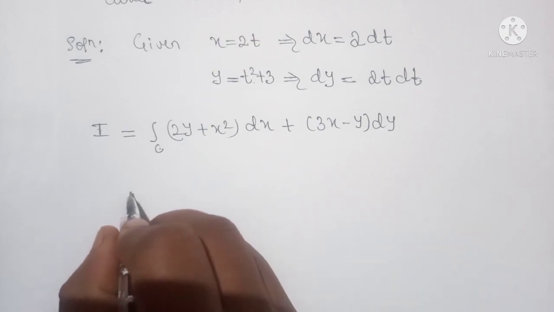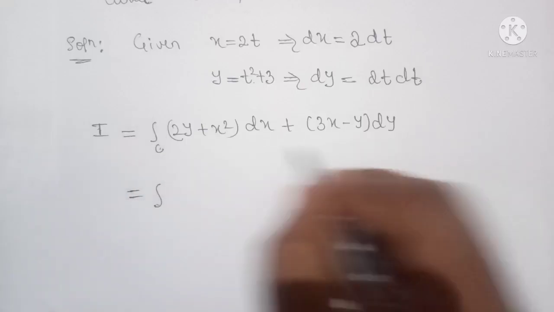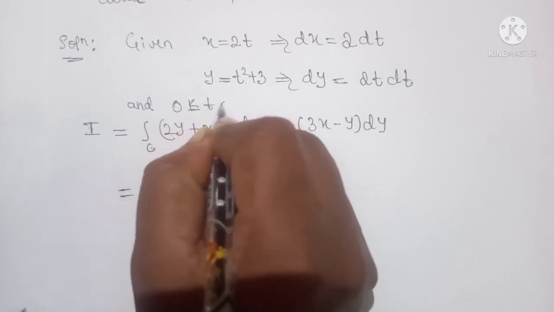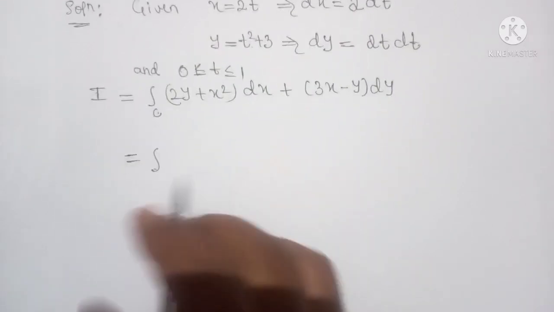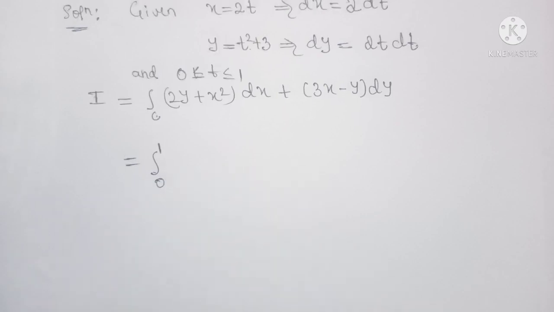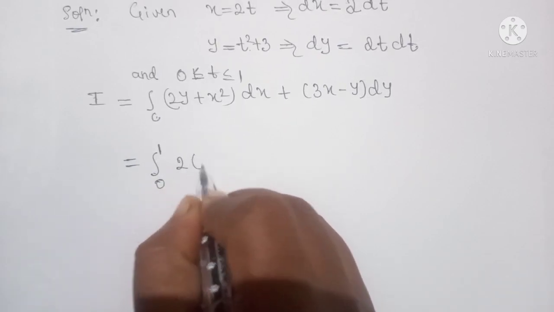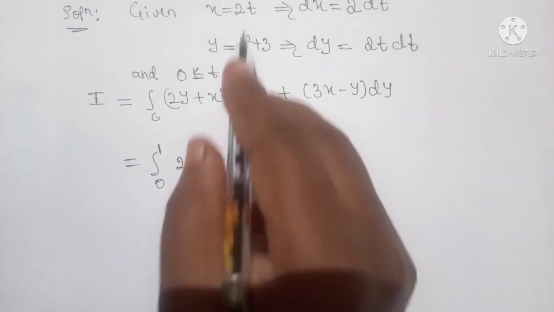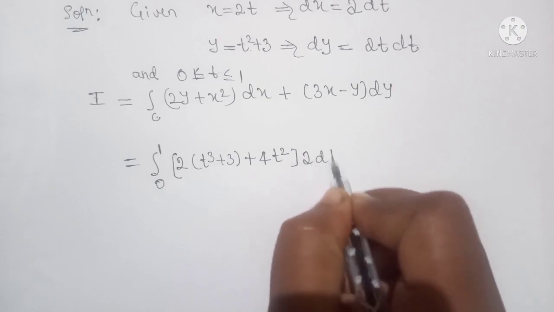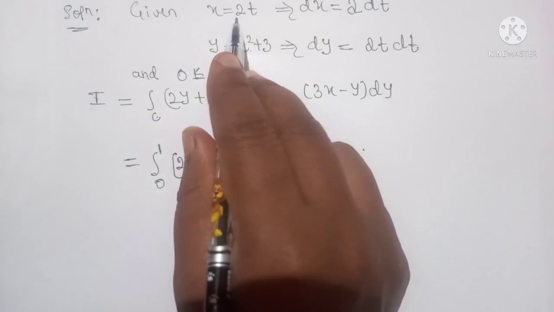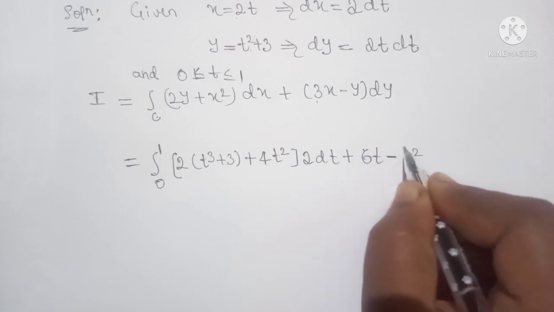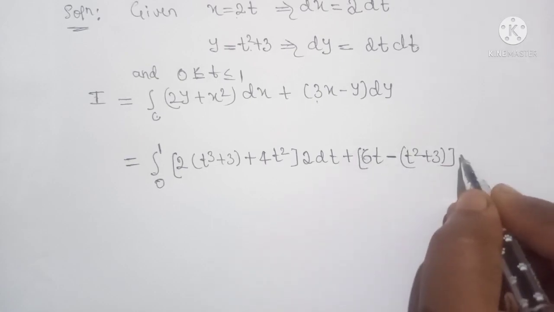Here we also write the given limit, that is t varies from 0 to 1, so the integral from 0 to 1 of 2y, that is 2 into y value t square plus 3, plus x square, which is 4t square, into dx, where dx is 2 dt, plus 3x, substituting the 3x value, 3 into 2t is 6t, minus y value t square plus 3, and dy value is 2t dt.